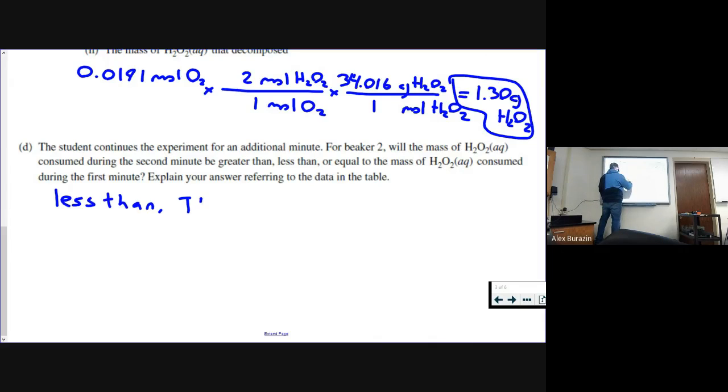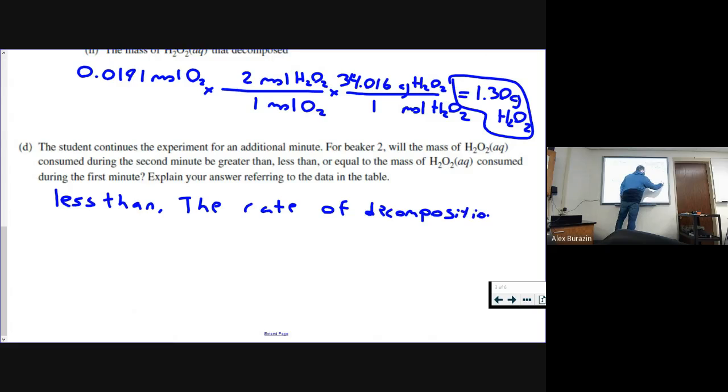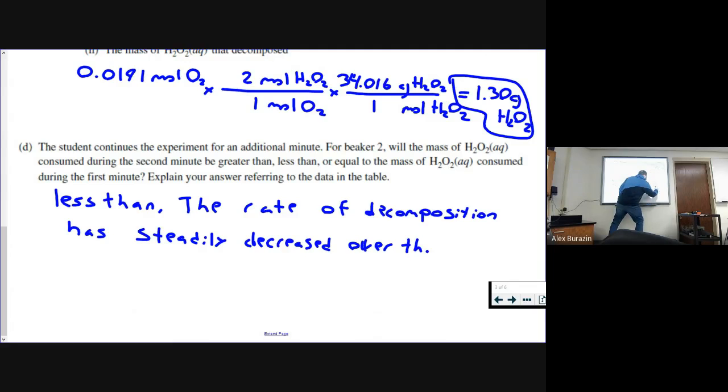The rate of decomposition has steadily decreased over the first 50 seconds. Hope that's pretty logical, right? Seems to be pretty easy, right in front of our face. We just have to acknowledge the numbers to get that right.